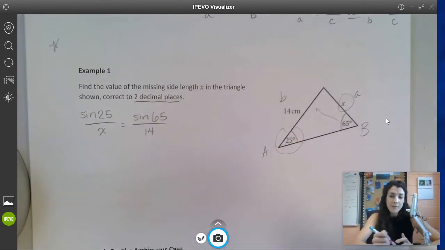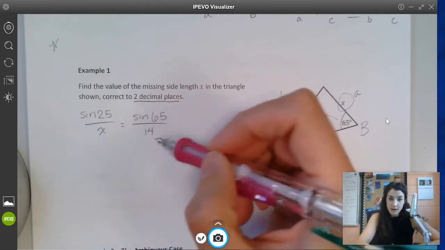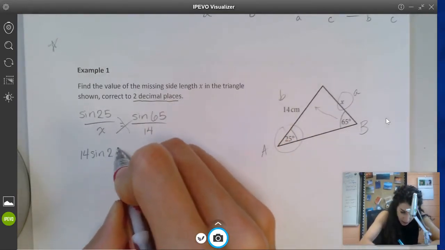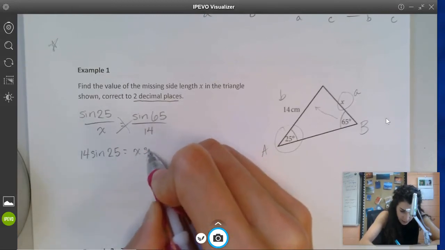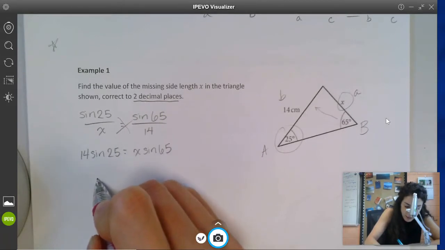As long as we keep it proportional and change it in the same way, these relationships are fine to move around. In order to solve for this, we can cross multiply and then divide, right? So cross multiplying, 14 sine of 25 equals x times sine of 65, and then divide both sides by sine of 65.